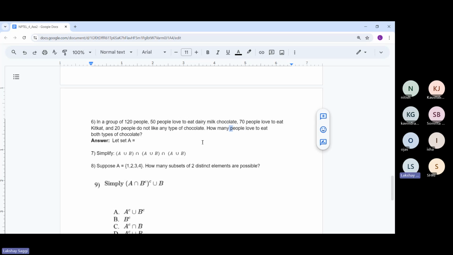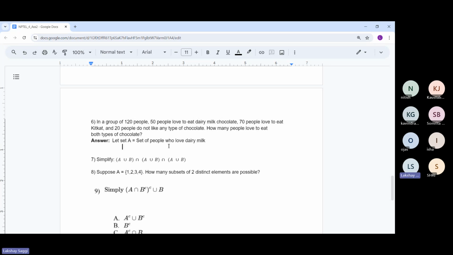Okay, so now what do we do? We just assume, let's say the set A is the set of people who love to eat dairy milk chocolate. Set of people who love dairy milk, right? And similarly, B is, maybe I should just write A. Yeah. And then B is just the set of people who love Kit Kat.